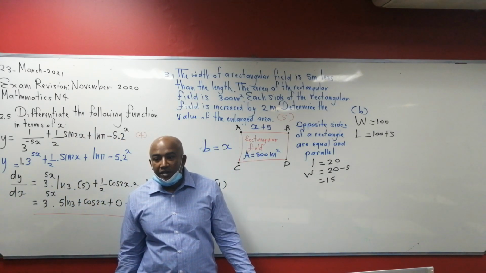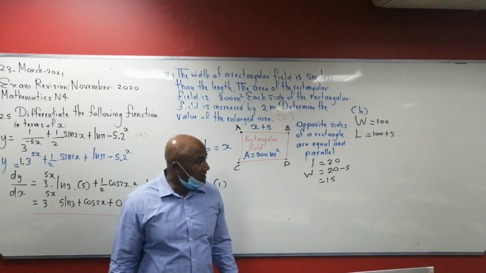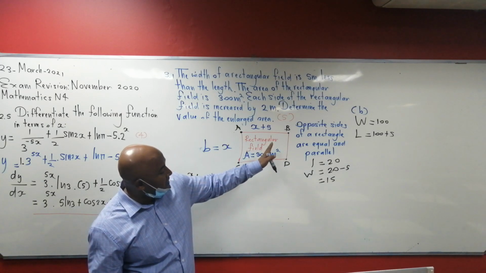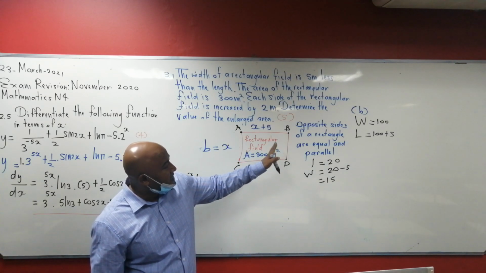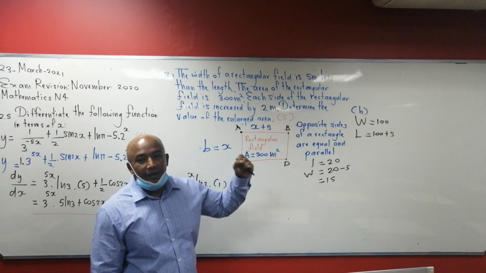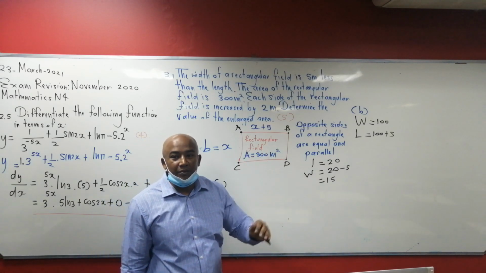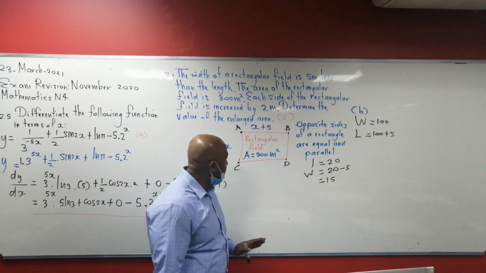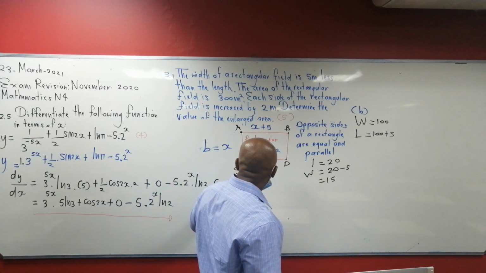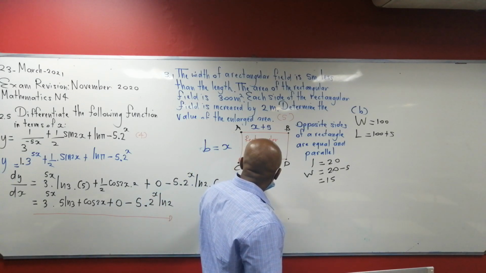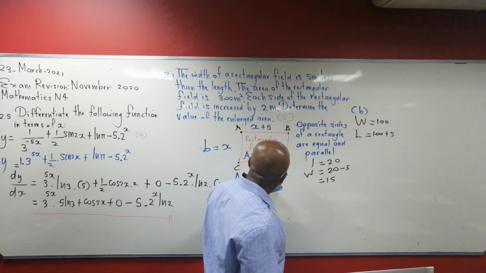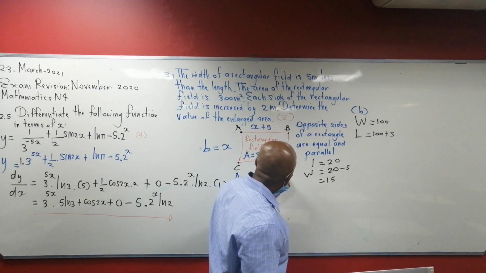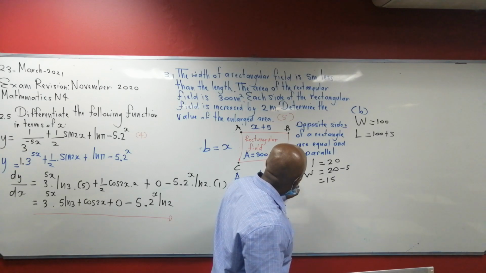what is the formula for the area of a rectangle? Besides the fact that opposite sides of a rectangle are equal and parallel, we must know the area and the perimeter of all the basic shapes. So we know that area is equal to length times breadth.